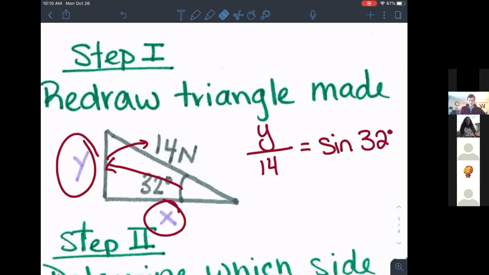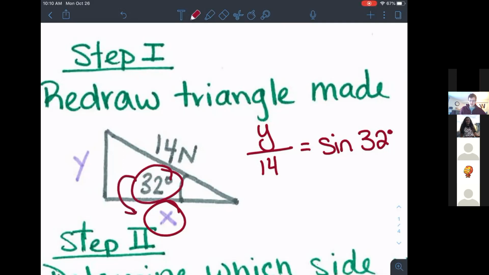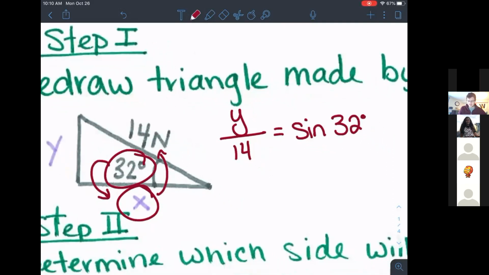If I was solving for my X, which trig function would I use? Cosine, because I have my adjacent, the side next to my angle, divided by my hypotenuse, across from the right angle. So X over 14 would equal cosine of 32 degrees.